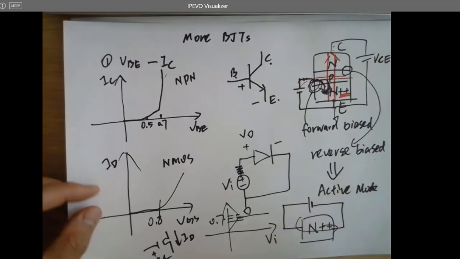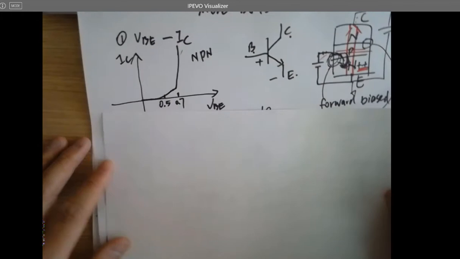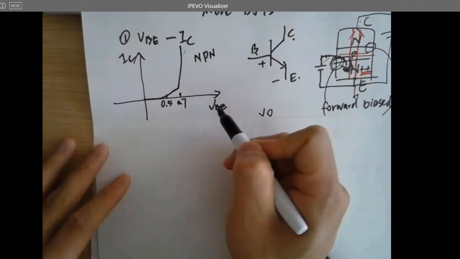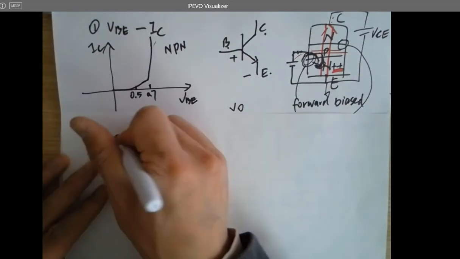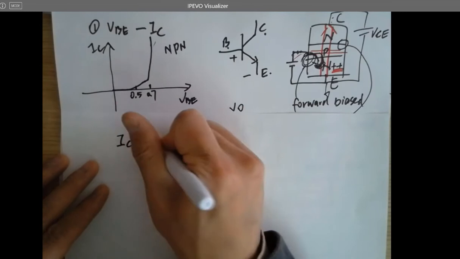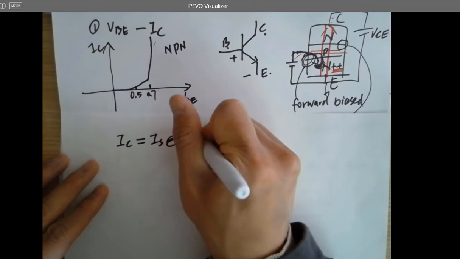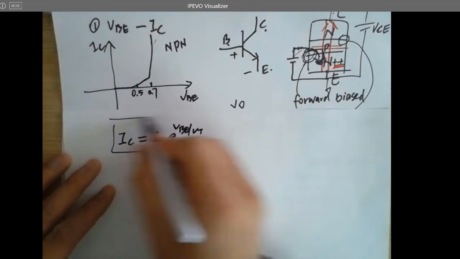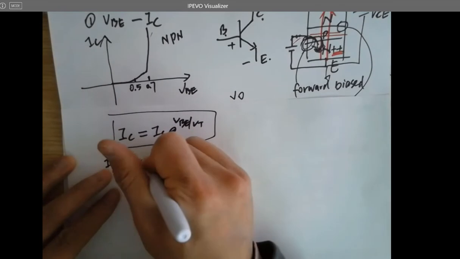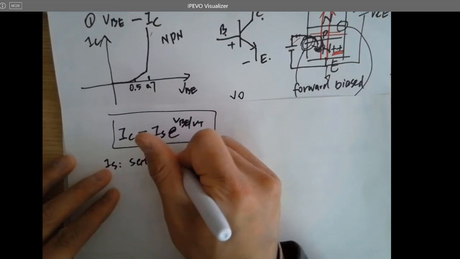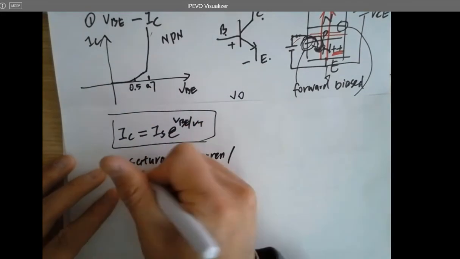All right, and there's the equation. There's a function of VBE, and the equation is IC equals IS times e to the VBE over VT. Important. So what is IS? IS is called the scale current or saturation current.